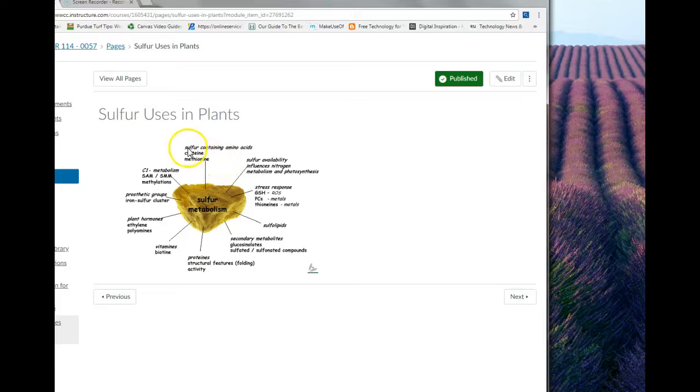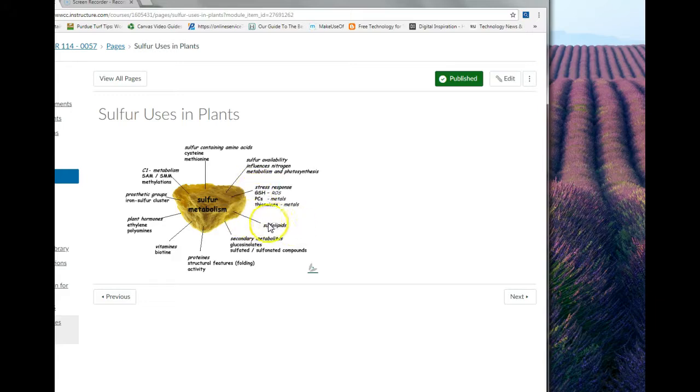So if we look at sulfur metabolism, sulfur is contained in amino acids. Cysteine and methionine are the two that it is most a part of. Sulfur availability influences nitrogen metabolism and photosynthesis. It's involved in stress response as part of an activation.